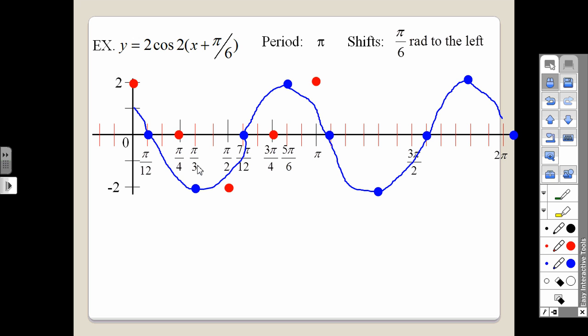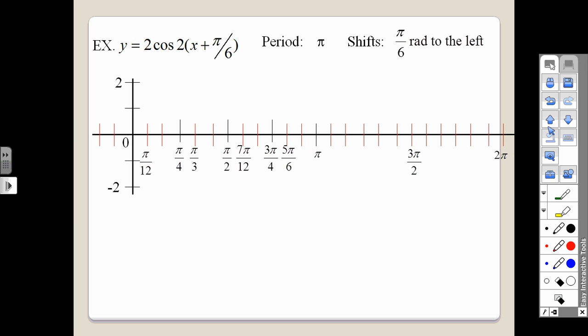Same thing is if you took pi over 2 and subtracted pi over 6, you're going to get pi over 3. So you can get those values. You just wouldn't know exactly how far over relative to the pi over 4 you should move. Okay, there we go. Hopefully you don't have too many of those, right?